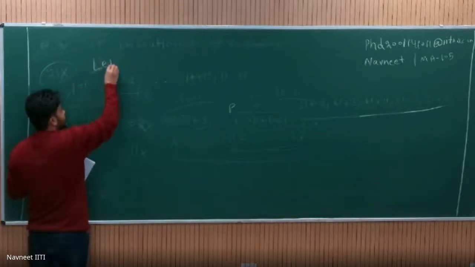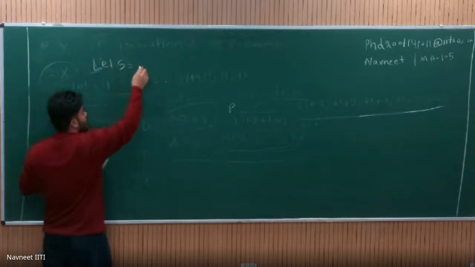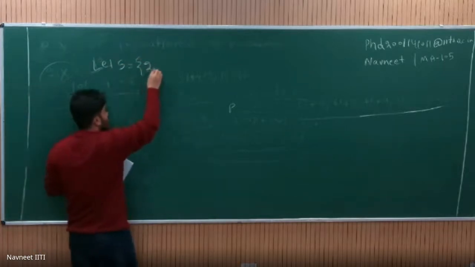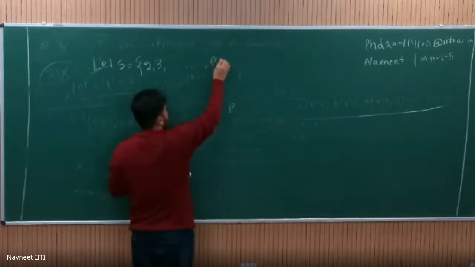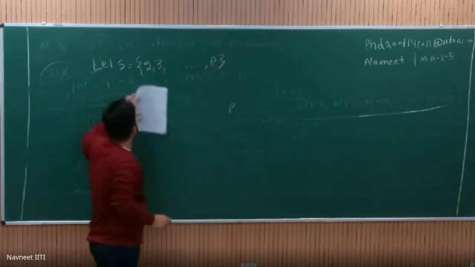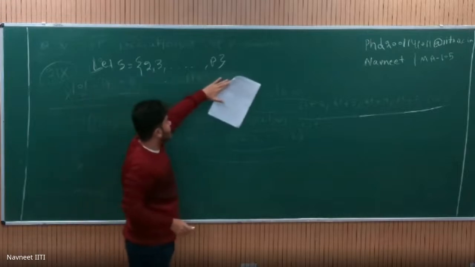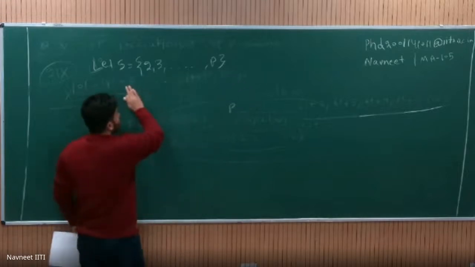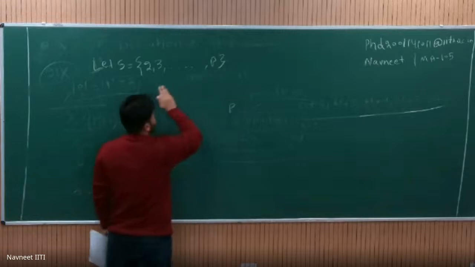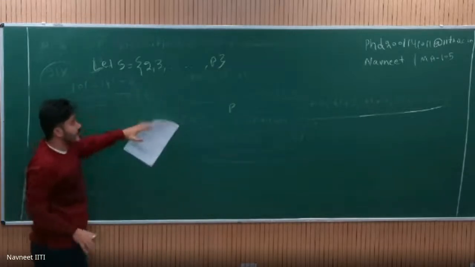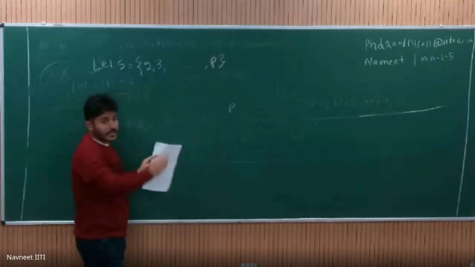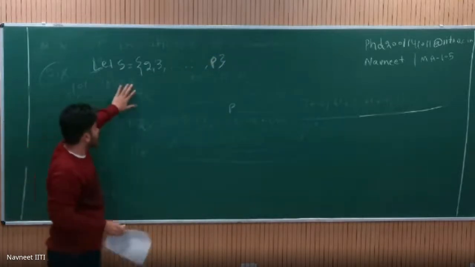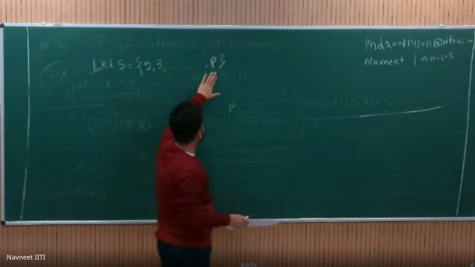Let S be the set of all prime numbers starting from 2, 3. Suppose it is finite. Okay, I am taking the whole collection of these prime numbers and suppose it is finite. That means there exists some largest prime number p.